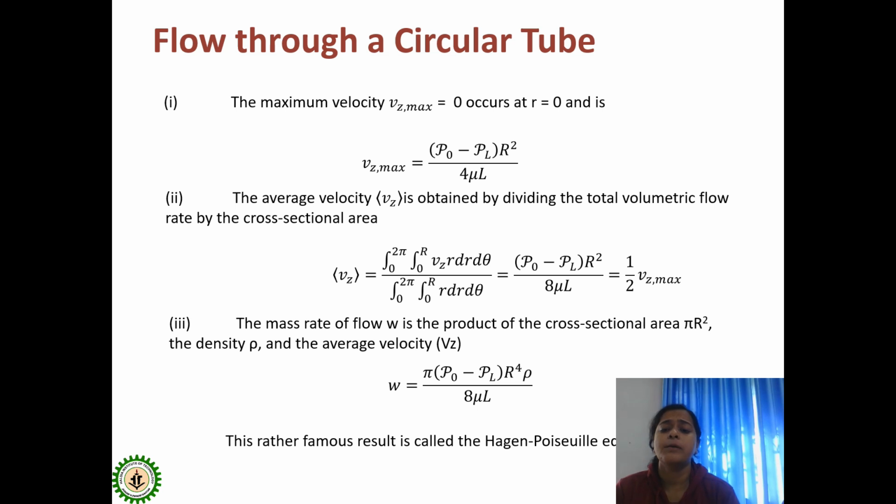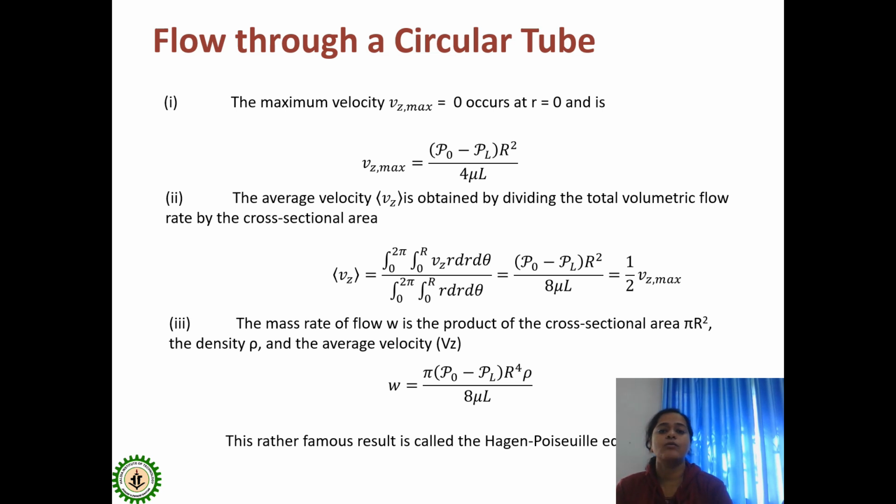So w equals pi R square rho, into the average velocity (small p0 minus small pL) R square divided by 8 mu L. So finally we get the equation w equals pi (p0 minus pL) R to the power 4 rho divided by 8 mu L, which is also called the Hagen-Poiseuille equation.